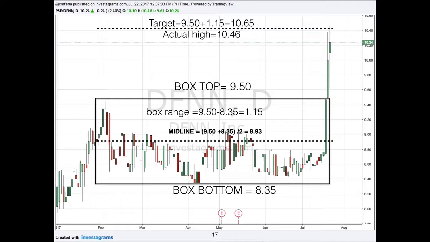So how do we get the target price for the breakout? We get the range of the box, which is 950 less 835 equals 115. The target on the breakout is computed as the box top plus the range of the box, which is 950 plus 115 equals 1065. The actual high when this breakout happened was 1046.